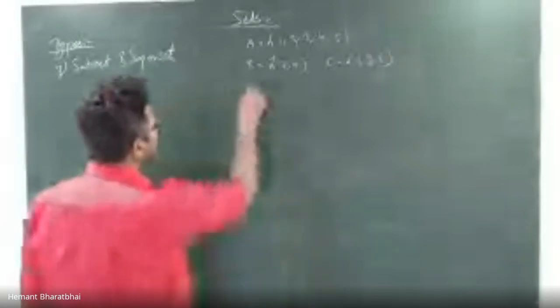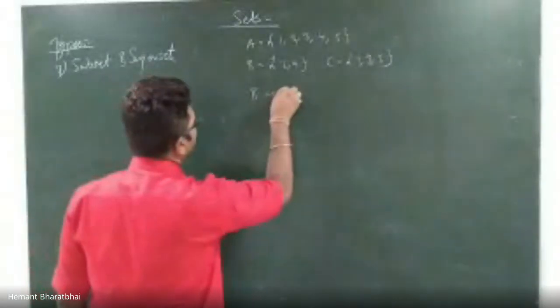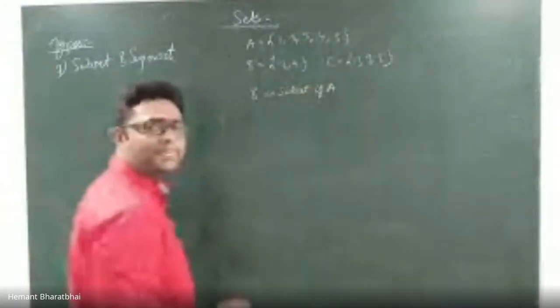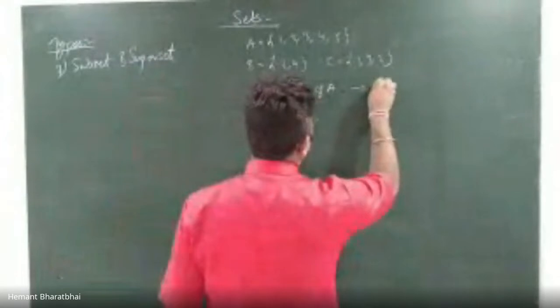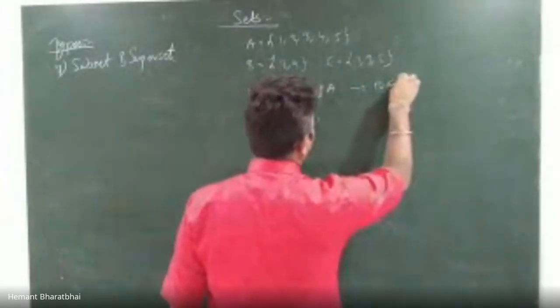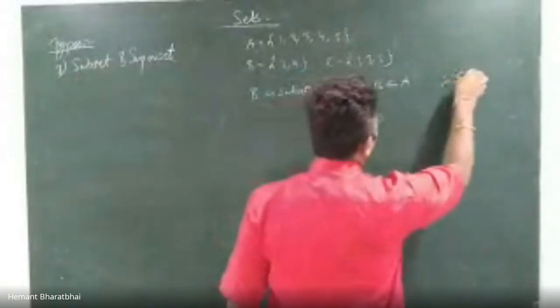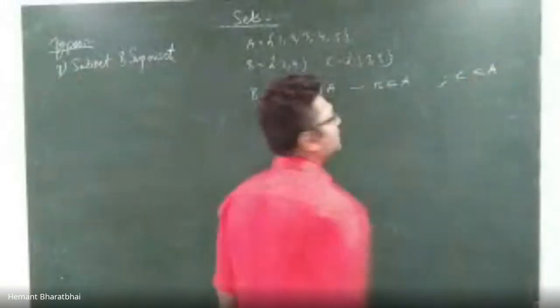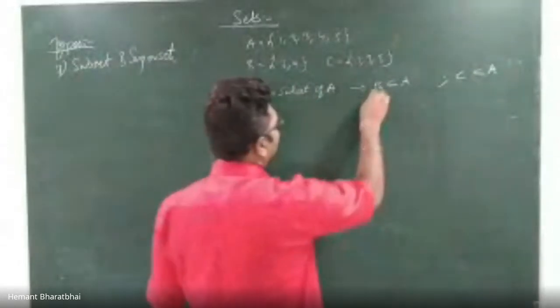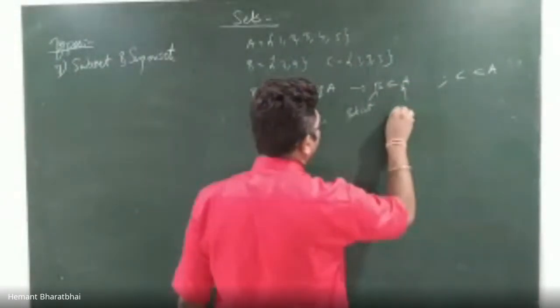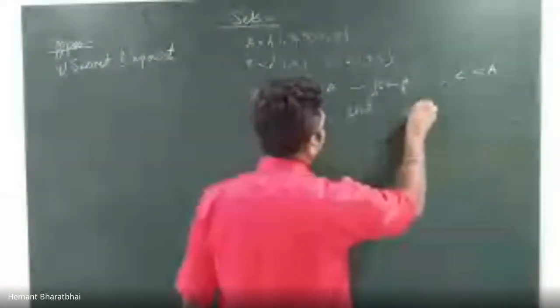So I will say that B is subset of A, which can be represented as B is a subset of A. Similarly, all the elements of C are there in A, and therefore I can also say C is a subset of A. So this will be called as subset, whereas A will be called as superset.